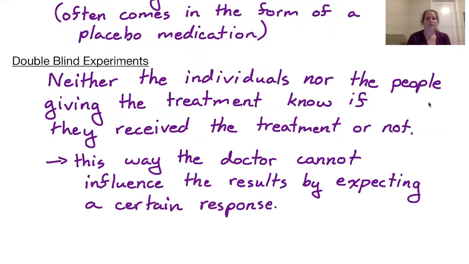So in most studies with medicine, they are blind experiments, and often they are, in fact, double-blind experiments, because it would be very easy for the doctor, if they're giving a medication, to inadvertently or accidentally indicate to the patient whether they got treatment or not.